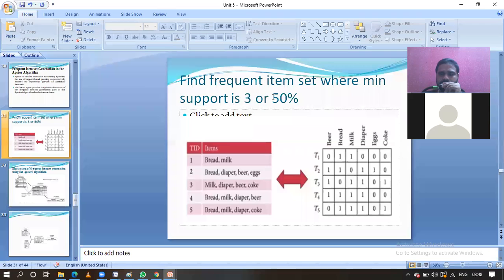In the exam, sometimes they will provide the support count as a percentage. How do we convert this support percentage to a value? Suppose there are 5 transactions. 50% means 2.5, which we consider as 3, guys. This way we have to proceed. This is the problem, guys, write it down.